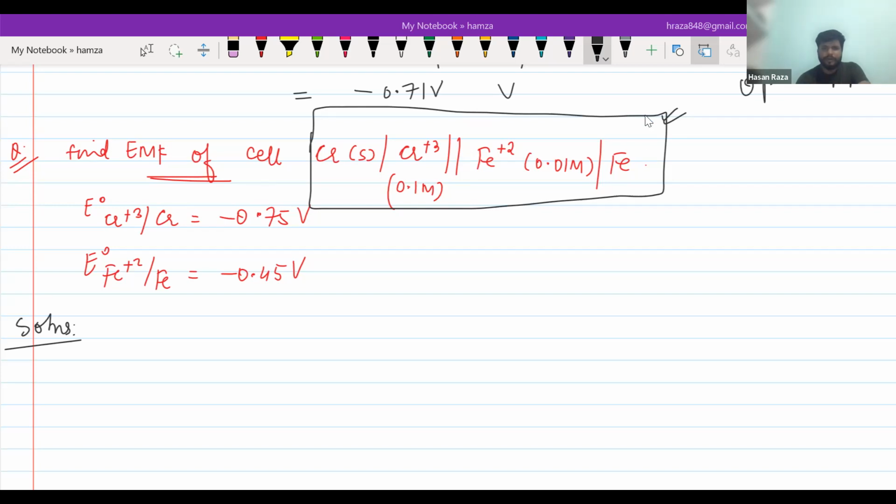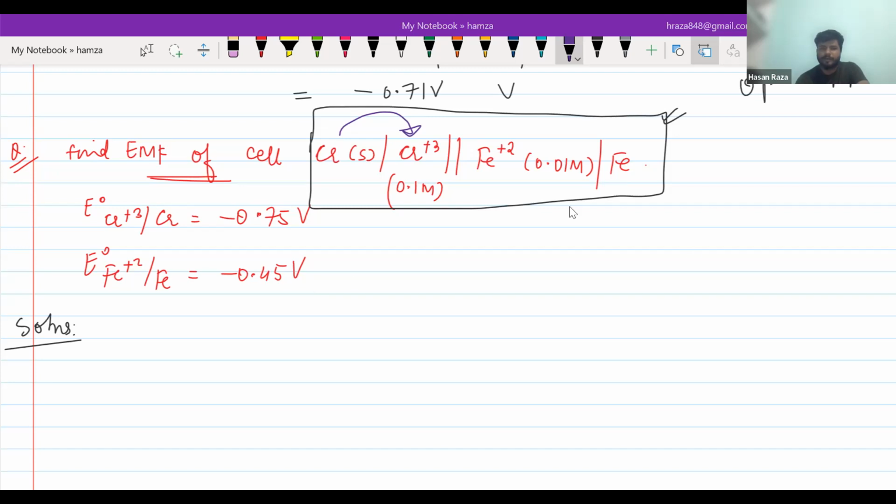Very bad. Sneha, you can see from the representation, Cr is going from Cr to Cr plus 3, not Cr plus 3 to Cr. Are you getting my point?